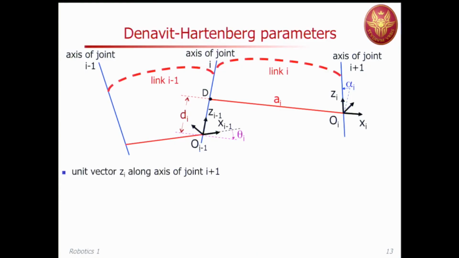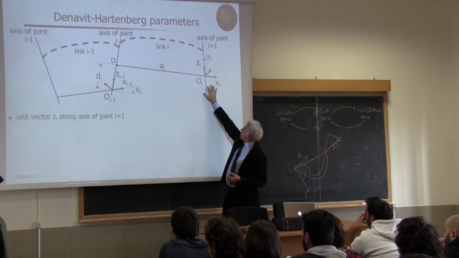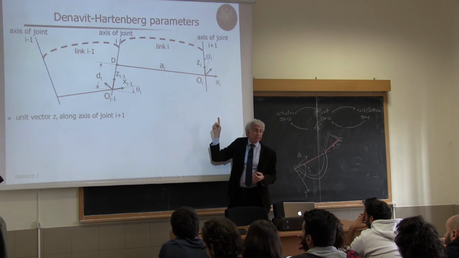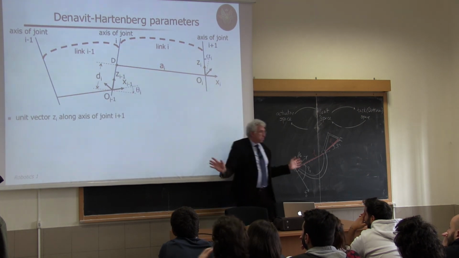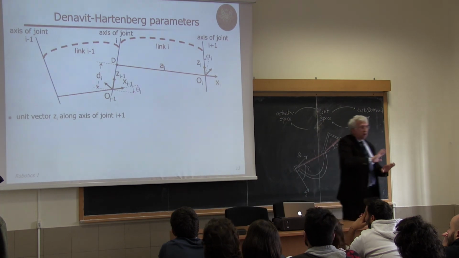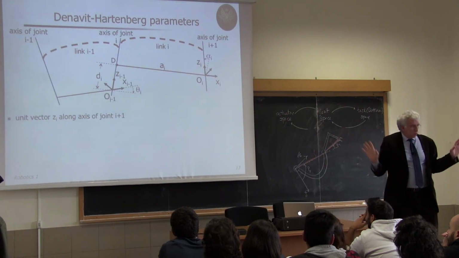And now, the procedure. The procedure is, okay, I have to define frame I. So here there are two frames shown, but now I'm talking about this. So for frame I, look at the joint axis I plus 1, and I put the Zi there. Up, going down. No, I can do whatever I wish.